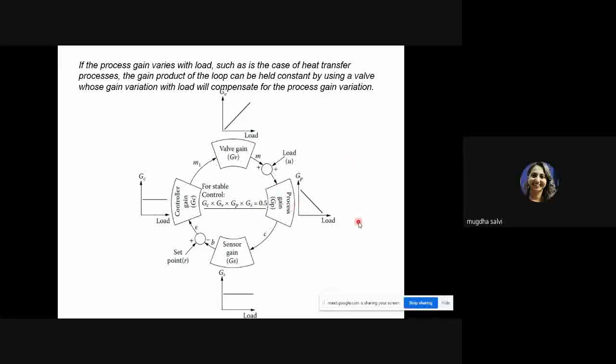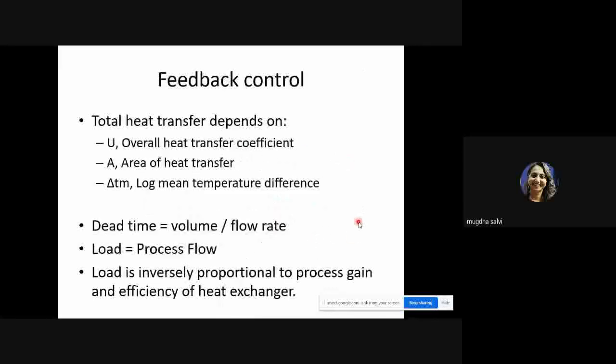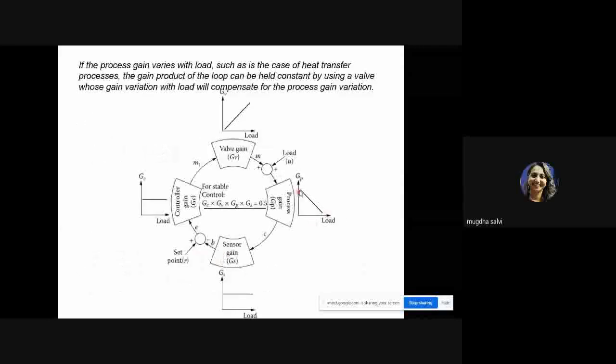What was the load? The load is process flow. Okay. Depending on the flow of the process fluid, if I check what is the gain of the process, you can see that it is inversely proportional.